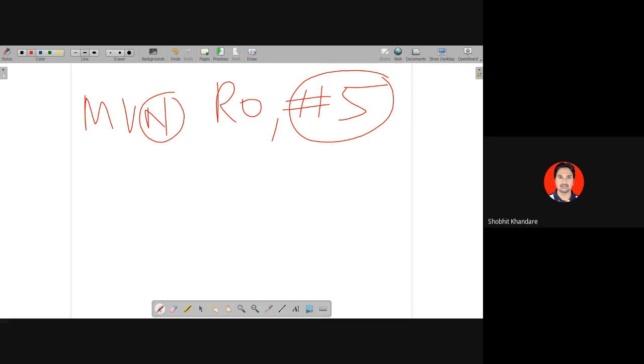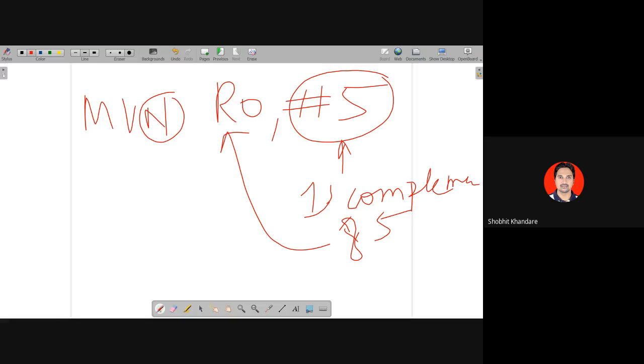And you know, in digital logic design you have studied, if I have to take the negative of this number, it is the ones complement. Okay, so ones complement of 5 will be moved into R0. That is the meaning.